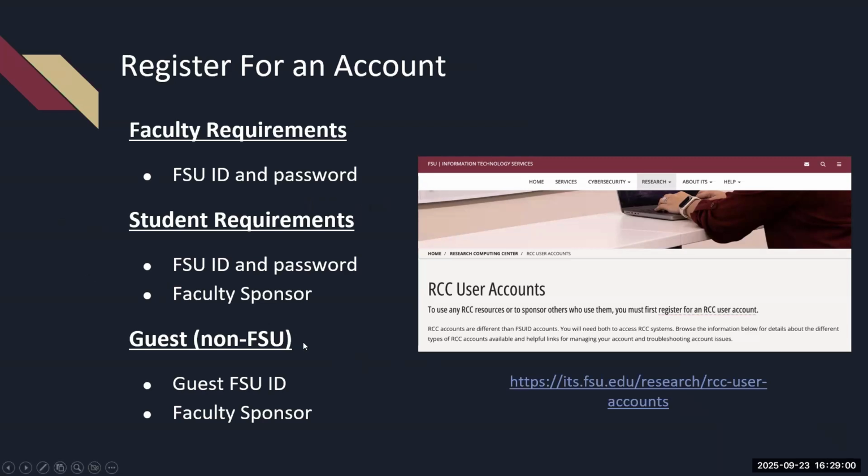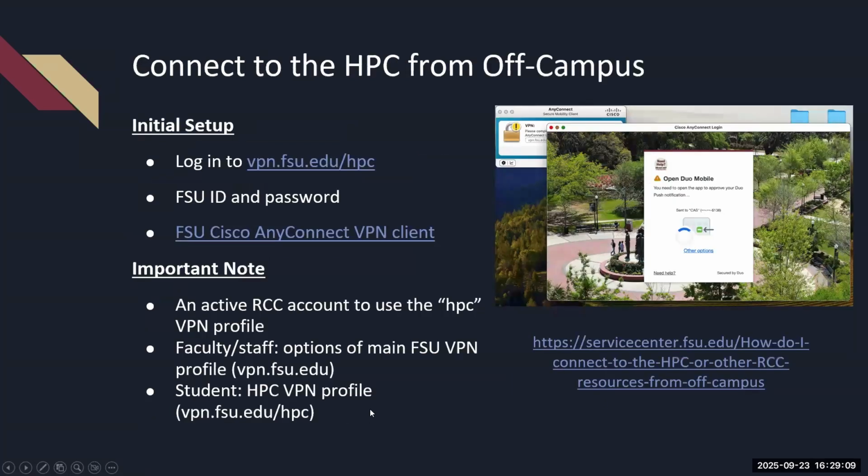And if you're a guest, you need to get a guest FSU ID first and a faculty sponsor in the university. And if you are off campus to use HPC, you need to set up the VPN. And this is how you can do that. And then there is a dual confirmation to do that. And this is another way to keep your system, your directory secure.